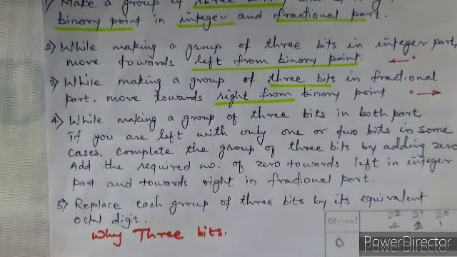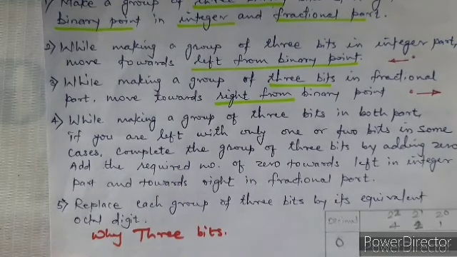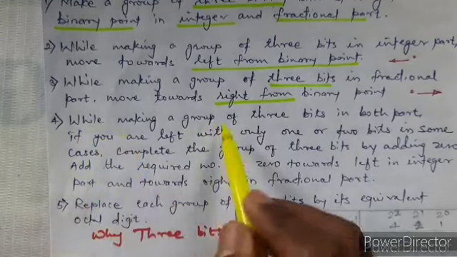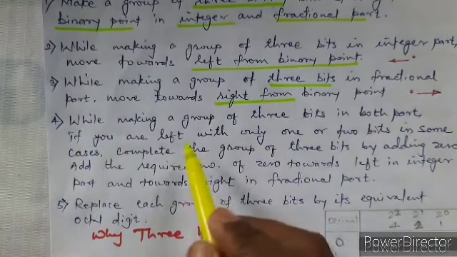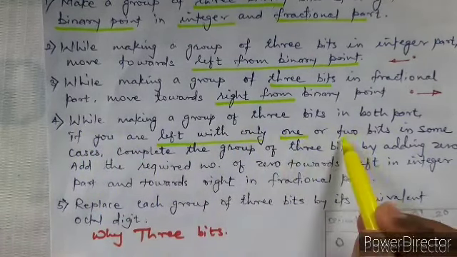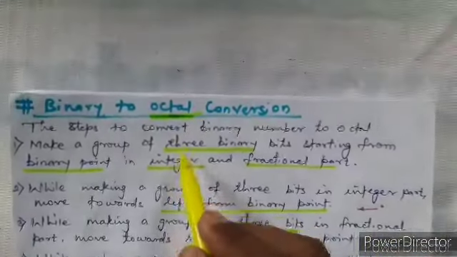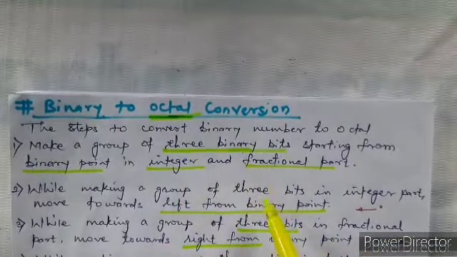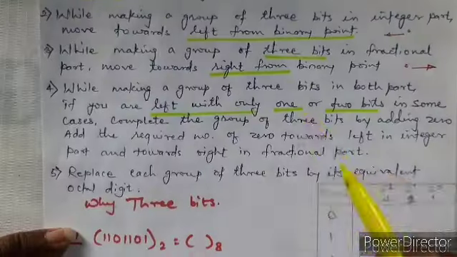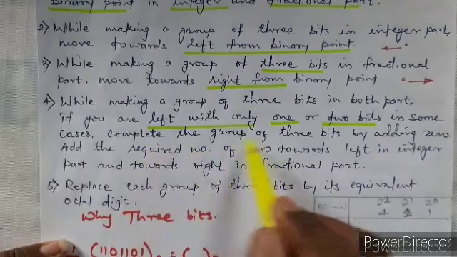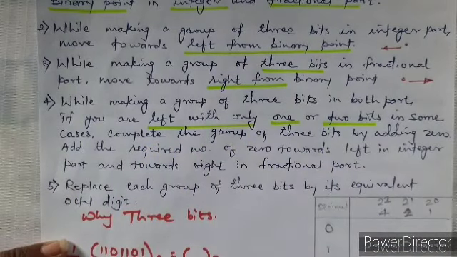While making a group, you may fall short of the number of bits for making 3 bits. So then what to do? While making a group of 3 bits in both parts, if you are left with only 1 or 2 bits, here we are asking to make a group of 3 bits, but if you are left with 1 or 2 bits, complete the group by adding zeros.